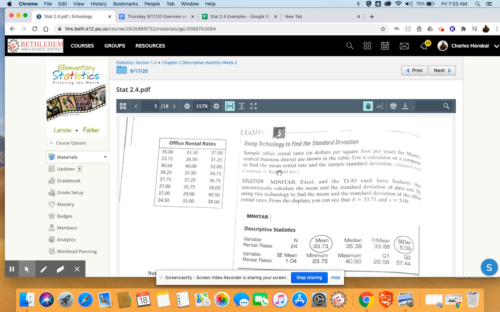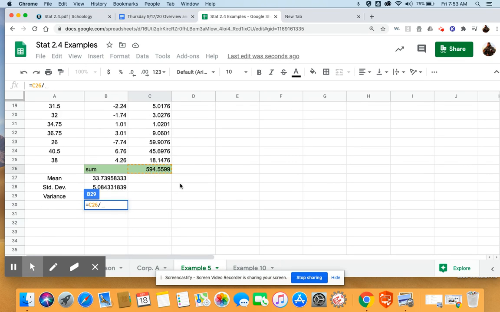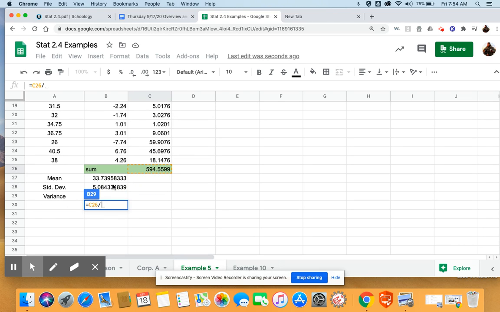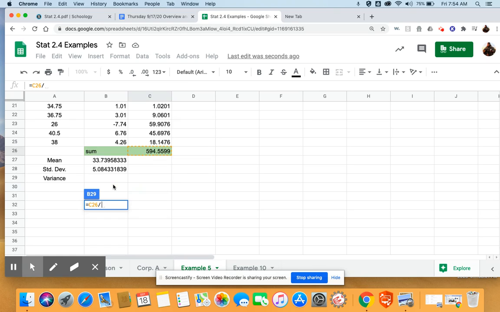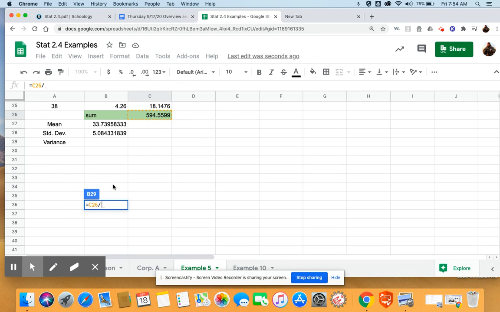Right. Sample size, we've got 24 data values here. So since we're dividing by n minus 1 because we're using a sample, we're going to divide by 23. And we get this number. That's our sample variance.